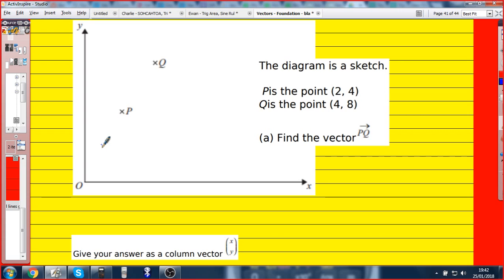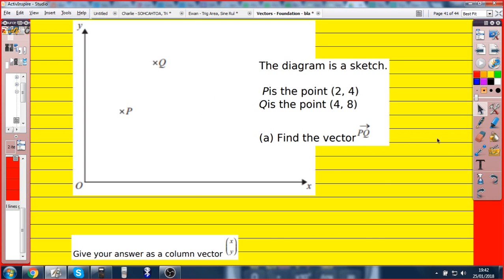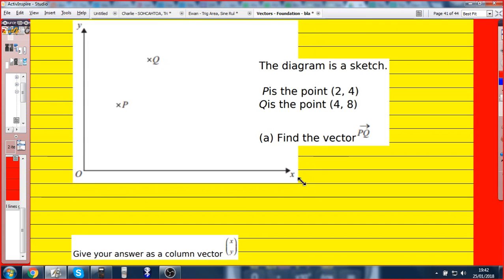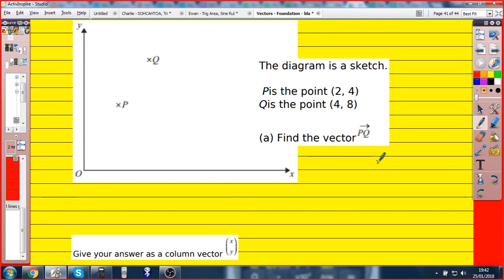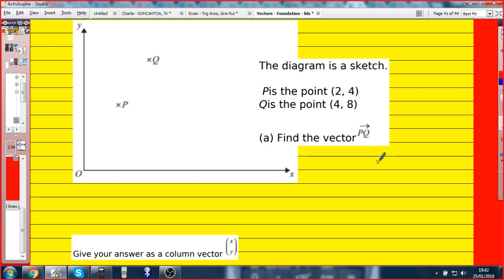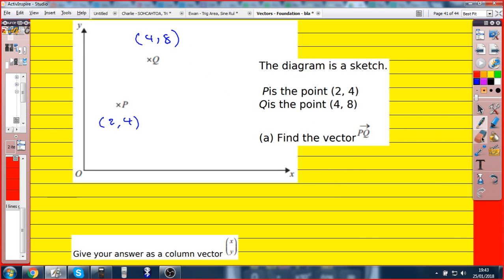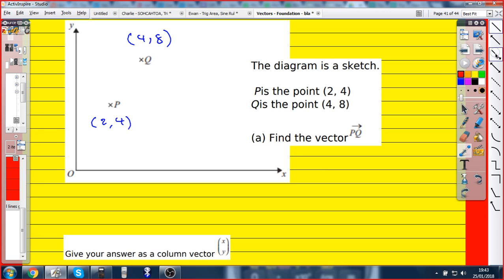So PQ and then P to O. No. I don't know how to. So you're starting at 2, 4, and you're going to 4, 8. Okay, so it's just.